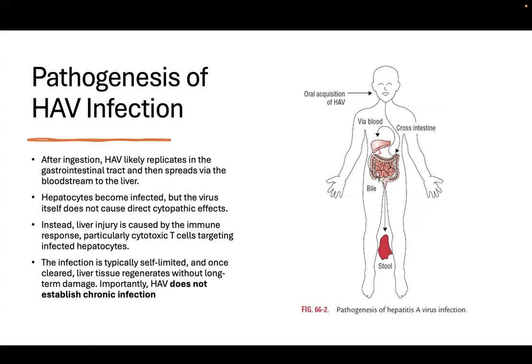It just creates an inflammation that brings in the cytotoxic T cells, and the cytotoxic T cells keep bombarding your liver cells, which causes hepatitis. So the good thing about HAV, the hepatitis A virus, is that it does not establish chronic infection. It's very easily removed. Your body is able to clear it out, and you get a very strong immune response, so usually you do not get infected again.